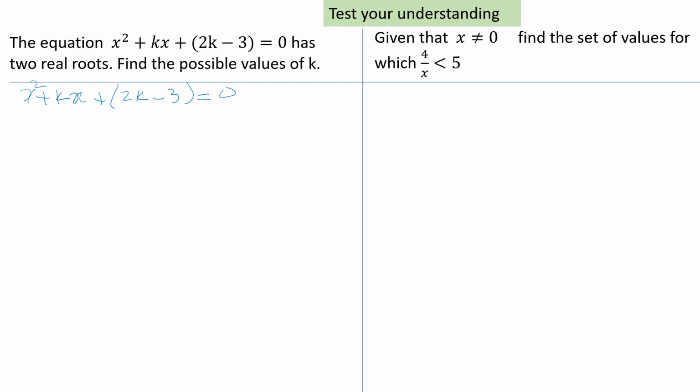So we have a equals 1, b equals k, c equals 2k minus 3. So the quadratic equation has two real roots. So the discriminant b squared minus 4ac greater than 0.